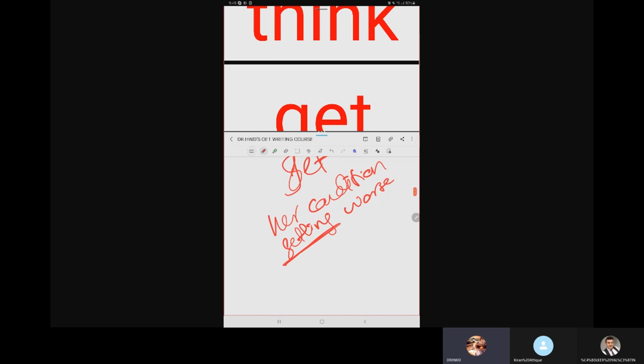Because "getting" is informal. We don't think of it as informal, but it is. Her condition is getting worse. How would you substitute it? Her condition has become worse. So the word here is "become". Instead of "get", you'd say "become".